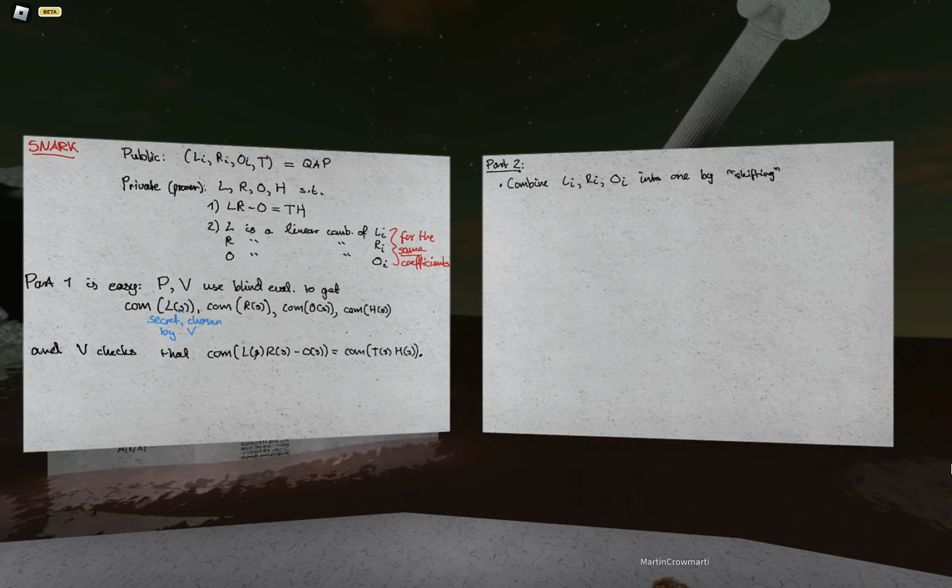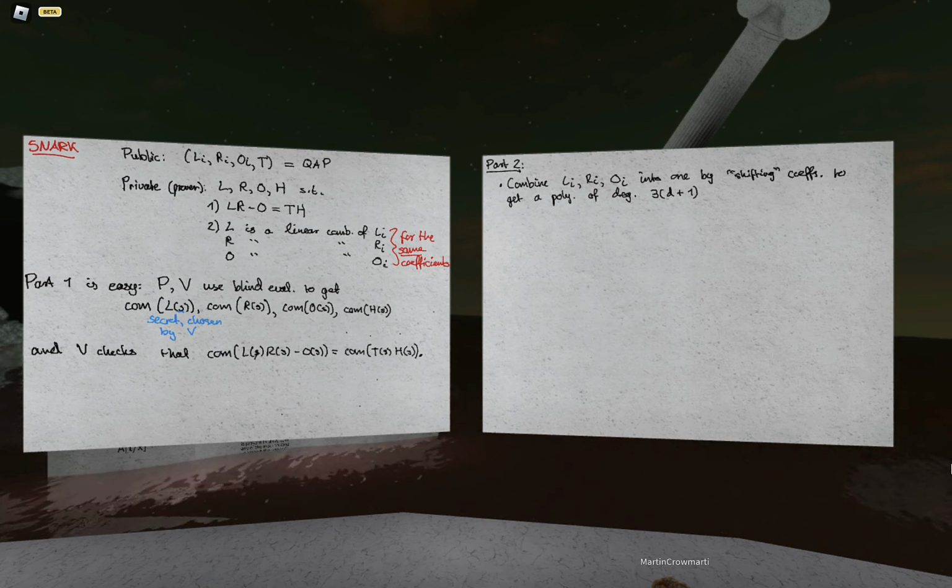Essentially, if you think of the polynomials Li, Ri, Oi as a list, we're just concatenating the lists, and that will give us a polynomial of degree 3d plus 1. Okay, d plus 1 because there's the constant term, s to the 1 up to s to the d, that comes from the d-KCA assumption.